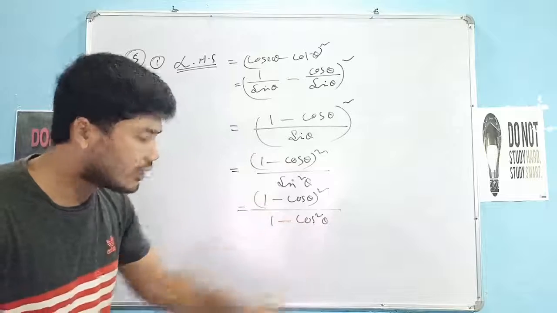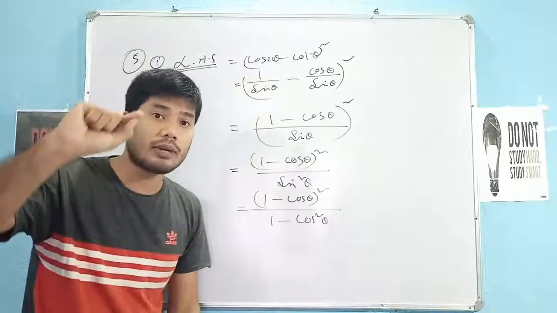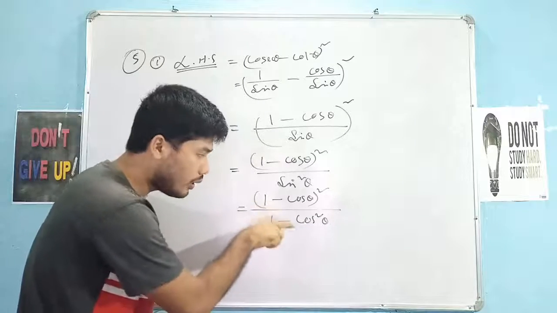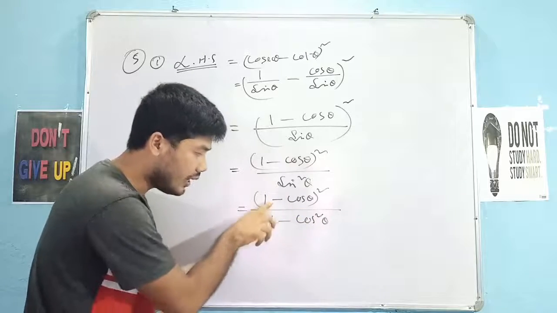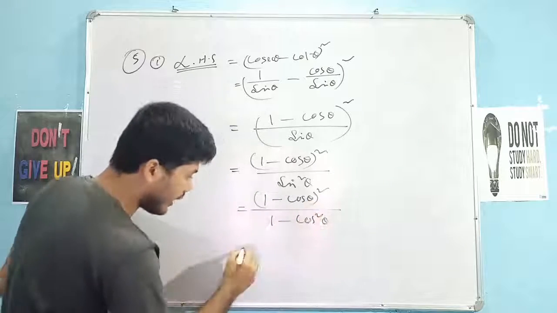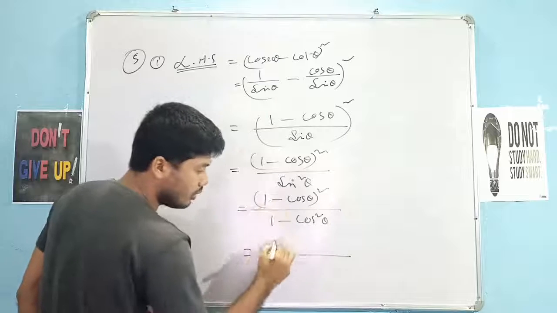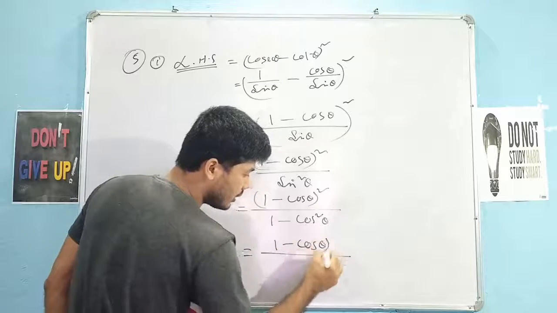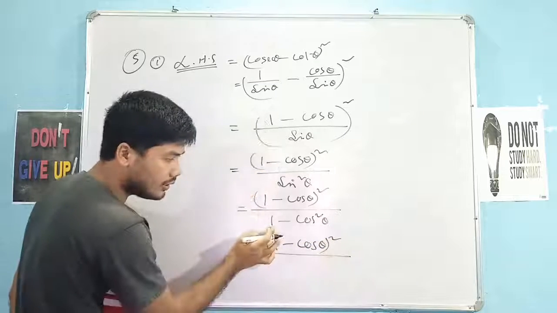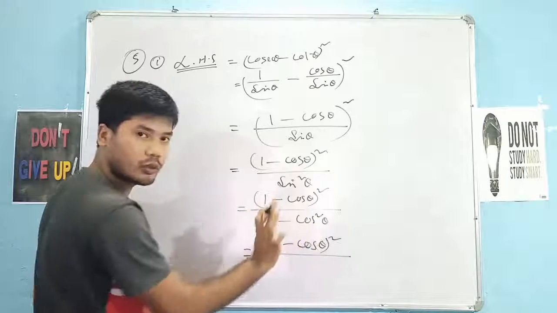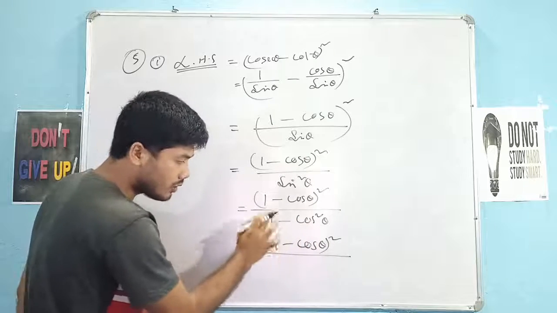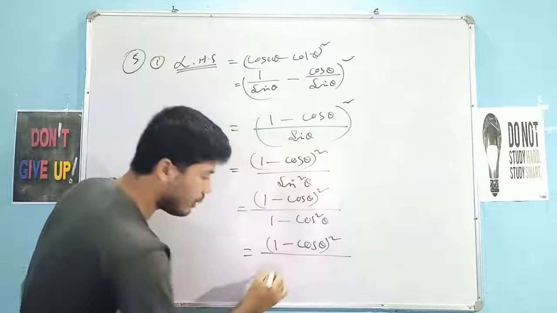That is 1 square minus cos square theta, that is a square minus b square. So we can write it as, numerator the same, (1 minus cos theta) whole square. Then this is 1 square minus cos square theta. So a square minus b square is (a plus b) into (a minus b).